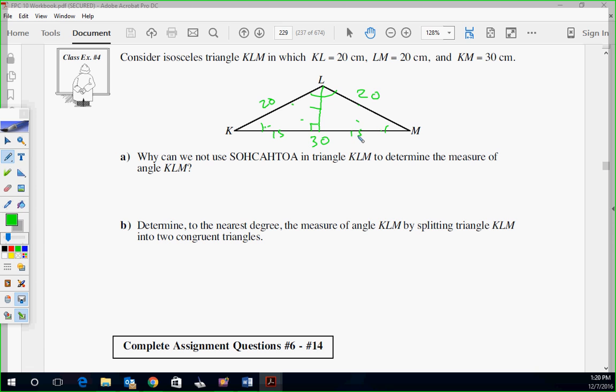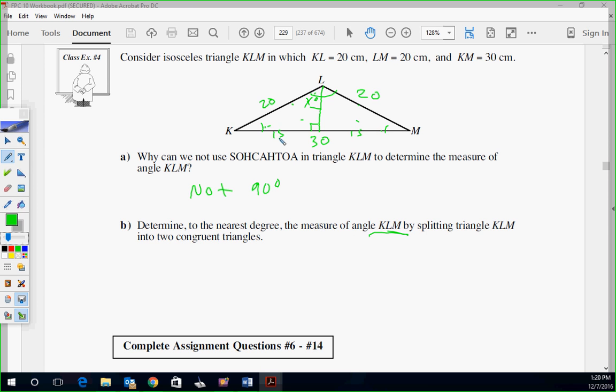So we're going to find out what, so we said y, it's not 90. Determine to the nearest degree the measure of KLM by splitting KLM into two congruent triangles, which we did. So we're figuring out this angle here. That's my x. So what relationships do I have here?